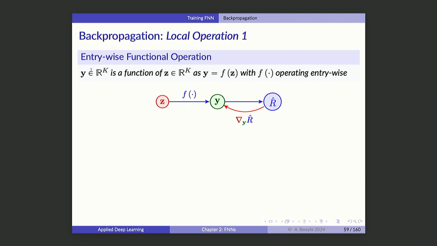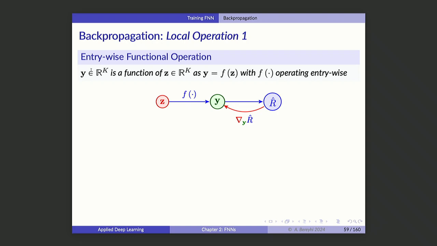Now, just a quick recap on this particular graph. We considered three important operations. We call them local operations, 1, 2, 3. And with these local operations, we still have not done anything on the neural network, right? We just consider that we have a function like r hat, which is computed directly from some vector y.